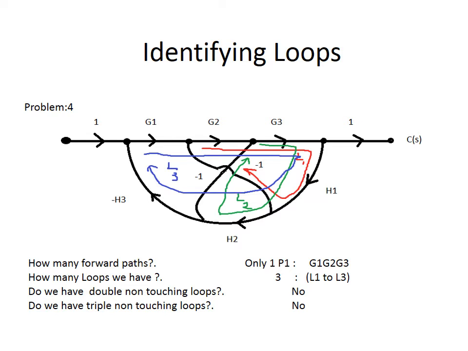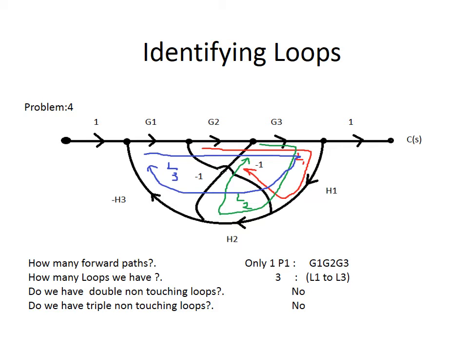Looking here, minus G1 H1, minus G3 H2, they become a set of double non-touching loops. Similarly, minus G1 H1, minus G2 H4, second set. Minus G1 H1, minus G5 H5, third set. Minus G3 H3, minus G5 H5, fourth set. Then G1 G2 G3, minus H2, and then minus G5 H5, these become the fifth set of double non-touching loops.